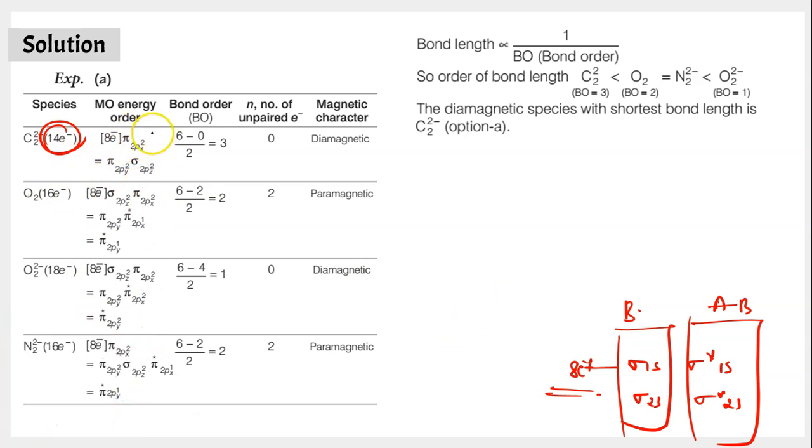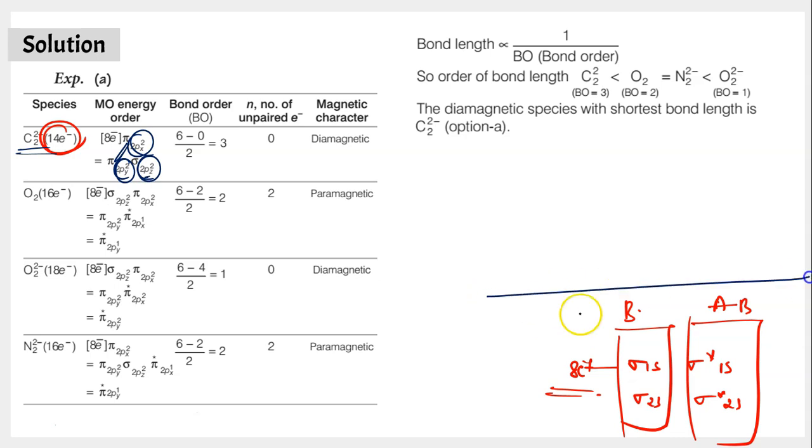And when I look at the electronic configuration, the remaining 6 electrons in C2 2-, which has 14 electrons, are arranged as 2px2, 2py2, 2pz2. Out of these 2px, y, z, the first two are pi and the other one is sigma. But anyway, at the end, all of them are bonding, isn't it?